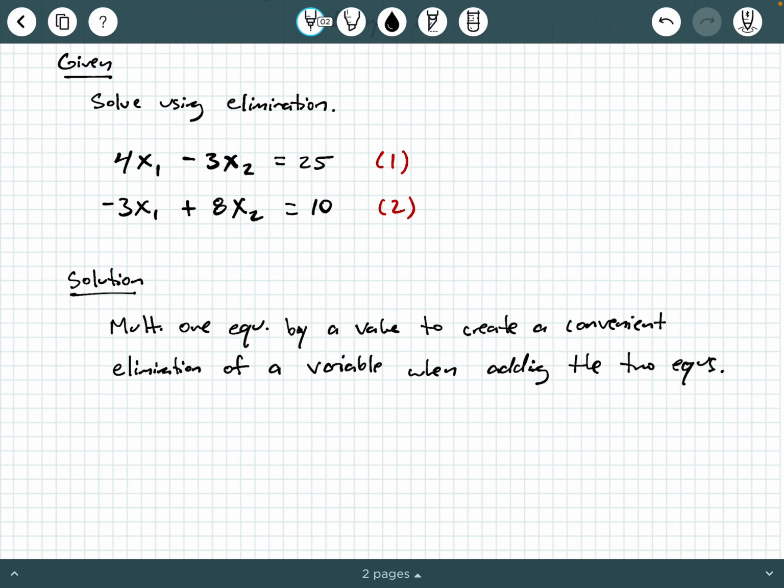Okay, so that's another way of saying add a multiple of one equation to the other equation in order to create a convenient elimination.